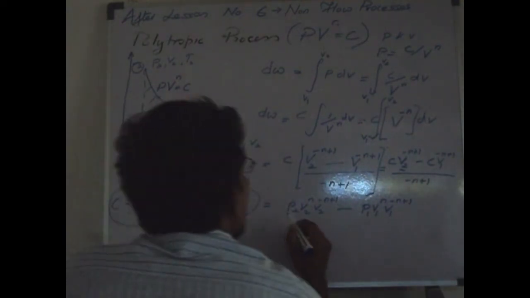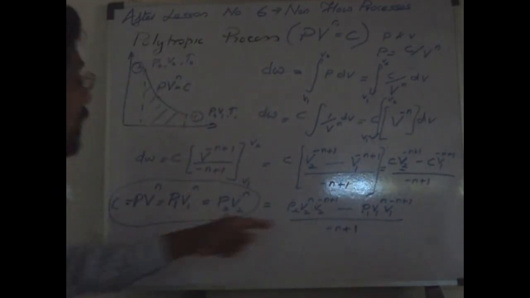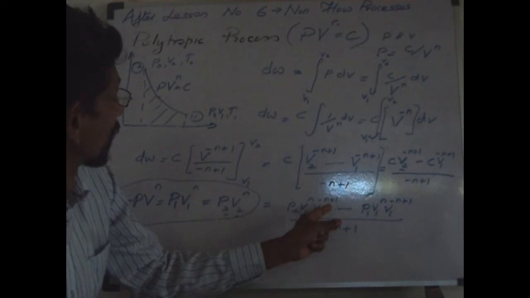Now these are indices; you have done this in O level also. Here n plus minus n plus 1, and here, and here. Divided by minus n plus 1, which means 1 minus n.